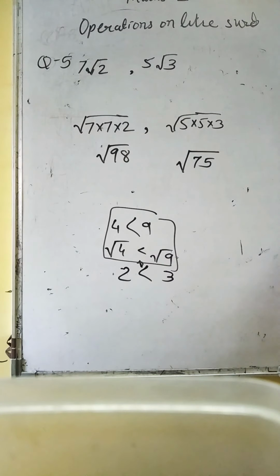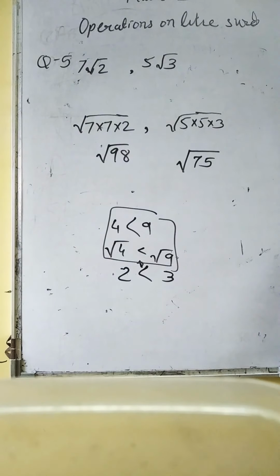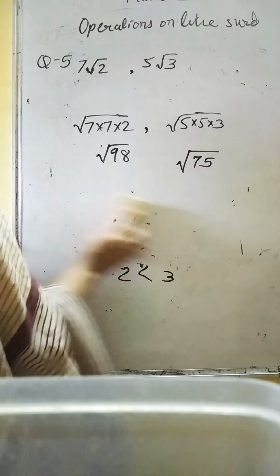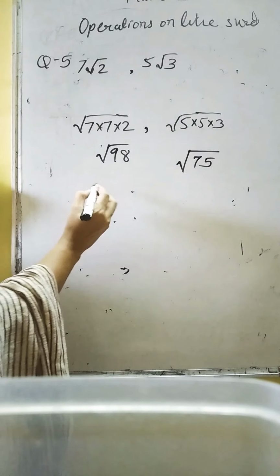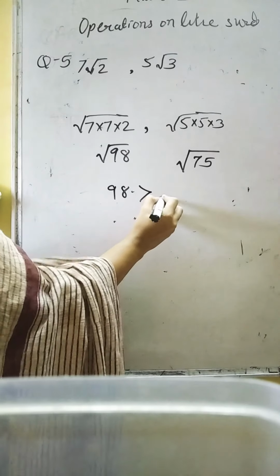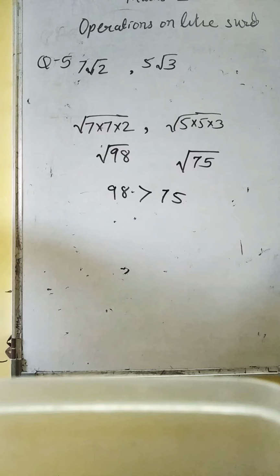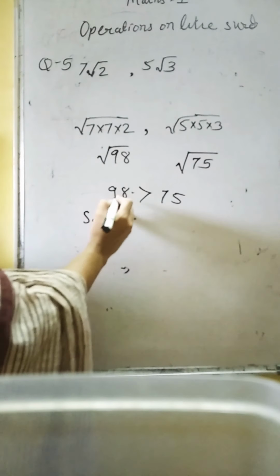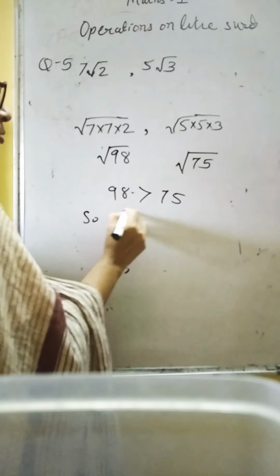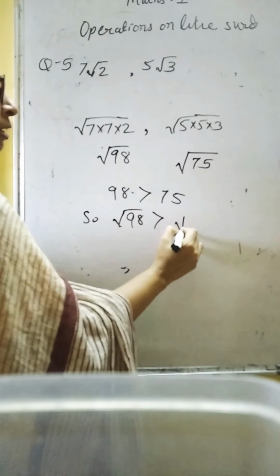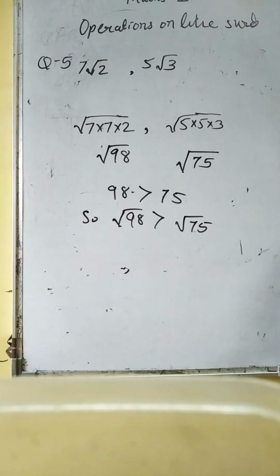Yes, miss. So, here there are two numbers, square root of 98 and square root of 75. I know, children, that 98 is bigger than 75. Right? So, what can you say about their square roots? So, that means square root of 98 will be bigger than square root of 75. है ना?